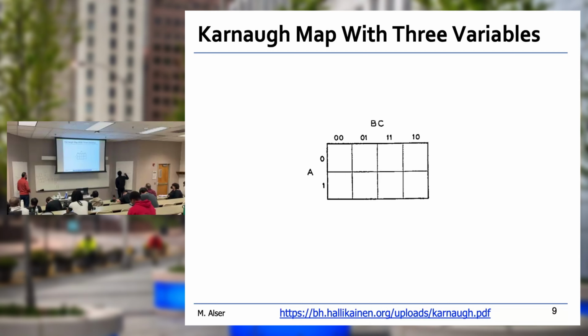Now, how many variables to the left side? 2. Then 2 to the power 2, so we also need 4 cells vertically.